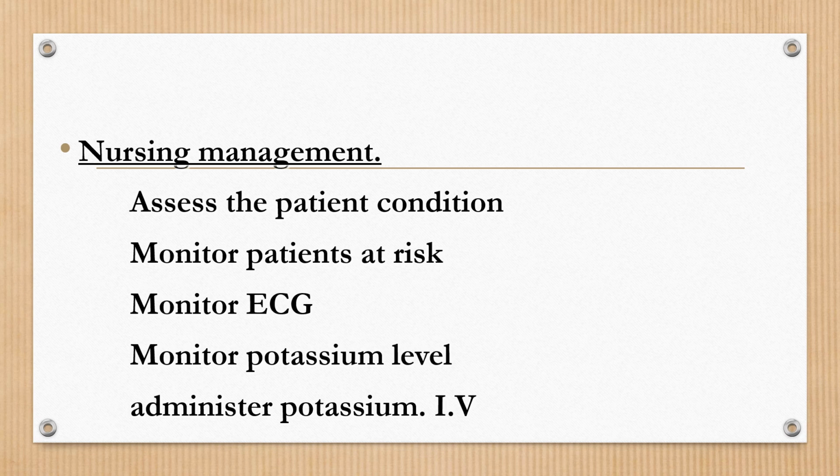Also always monitor the patient condition. Then monitor patients at risk. Then monitor the ECG for chances of developing arrhythmia, and the ECG also shows significant variation because of hypokalemia. Then monitor potassium level and administer potassium intravenously.